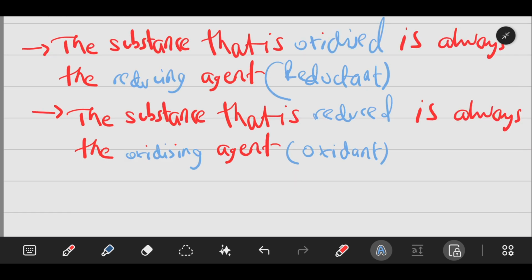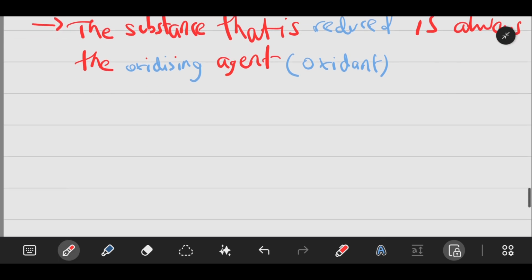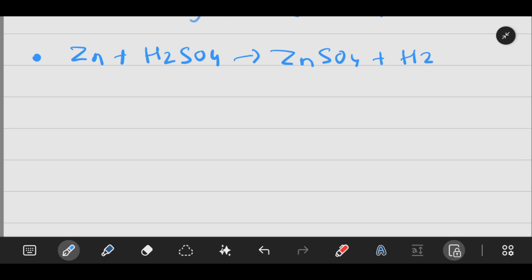Now, in order for more clarity, we will now do one equation and try to find out the agents in this particular equation. So we have here zinc plus sulfuric acid gives us zinc sulfate and hydrogen, right?